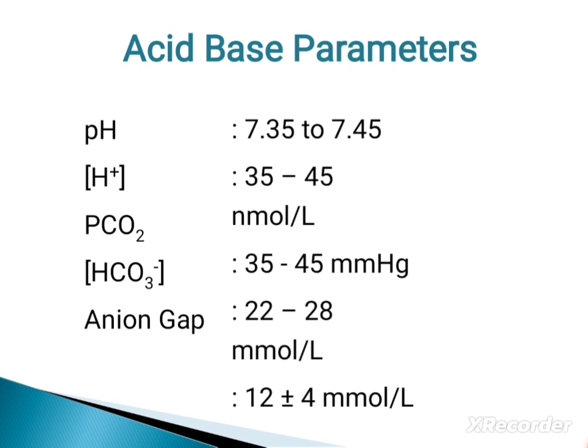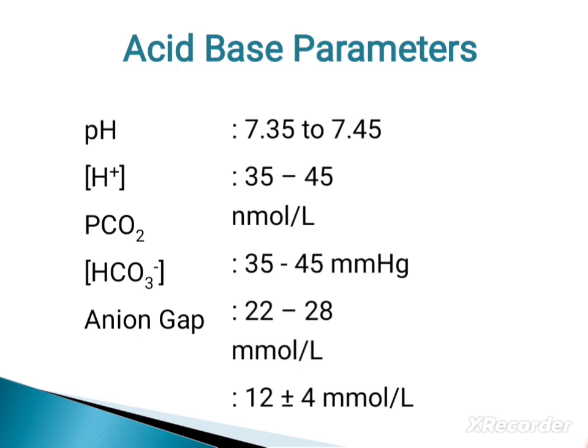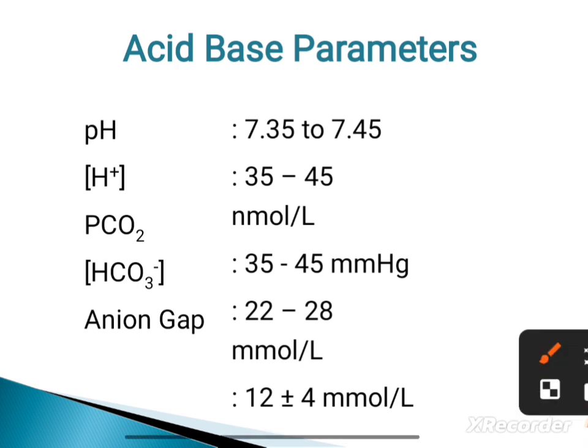Hydrogen ion concentration is 35 to 45 nanomole per liter. Partial pressure of carbon dioxide is 35 to 45 millimeter mercury. Bicarbonate level is 22 to 28 millimole per liter. Very important, these two are.